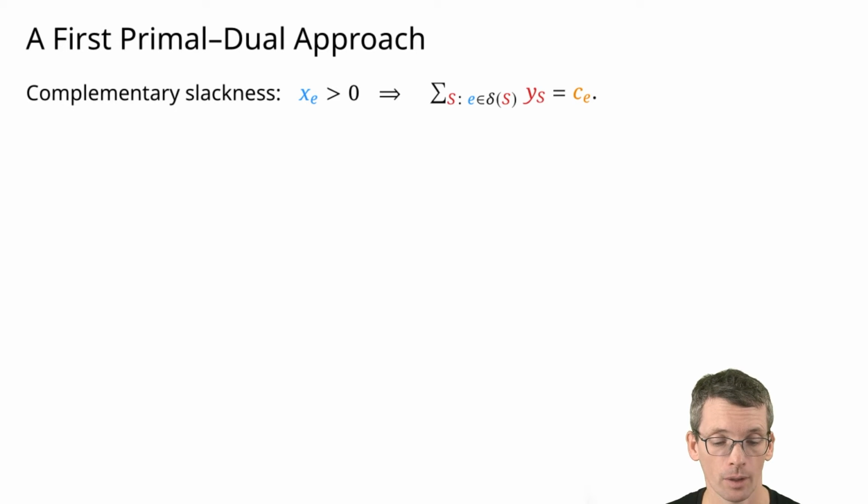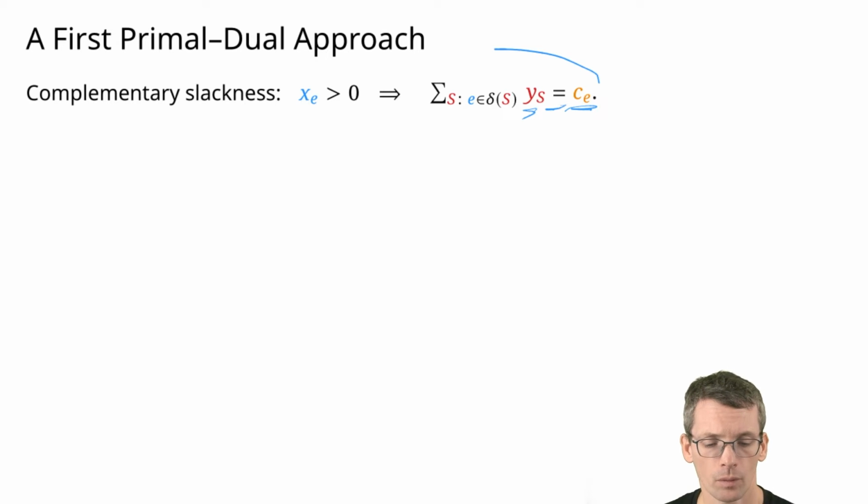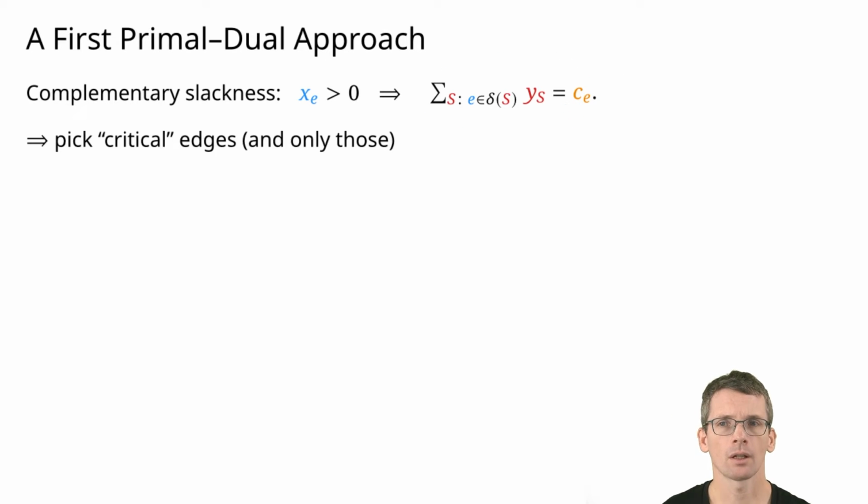So if the corresponding dual constraint holds with equality, so the ys are sufficiently large. And such edges, so if I have complementary slackness here, such edges I will call critical edges. So the Primal-Dual approach says I'm only going to pick critical edges.